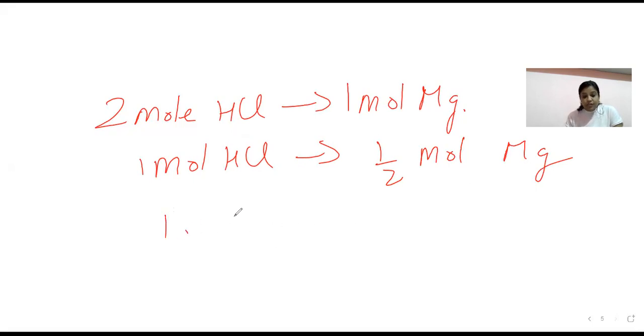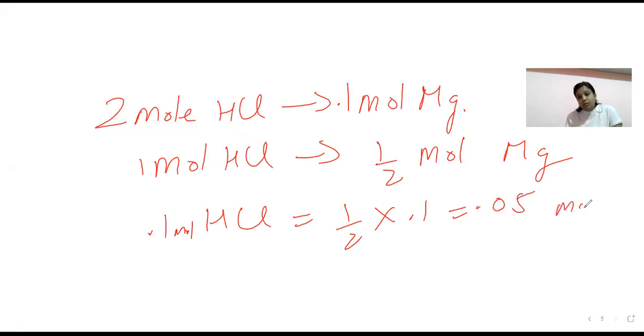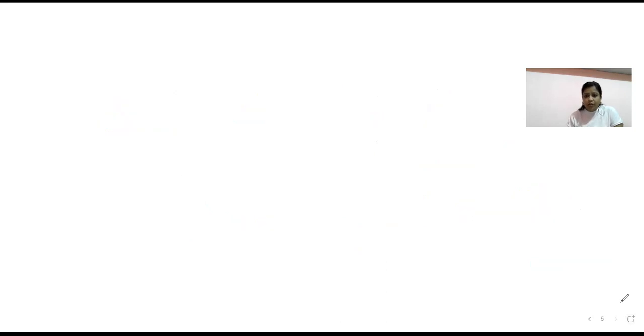So 0.1 mole of HCl needs half into 0.1, which is equal to 0.05 mole of magnesium. So this much is only required and given is 0.1. So it means HCl is the limiting reagent.